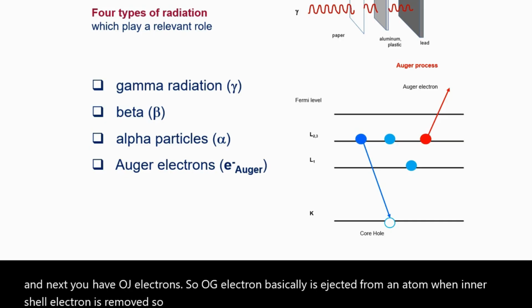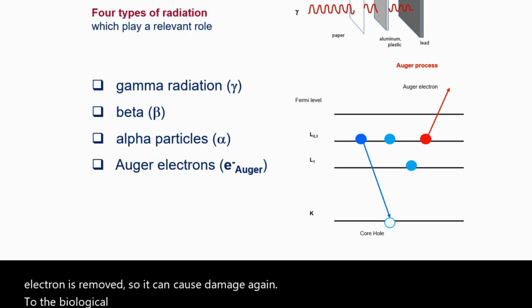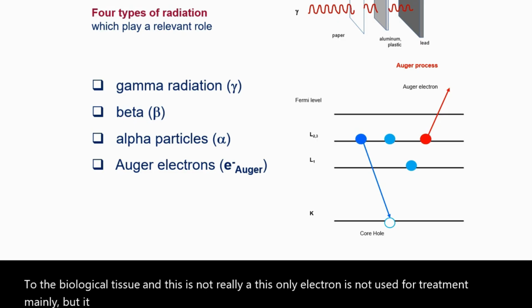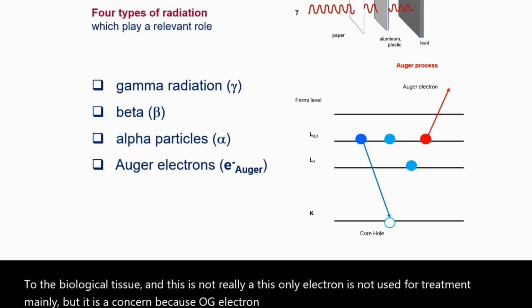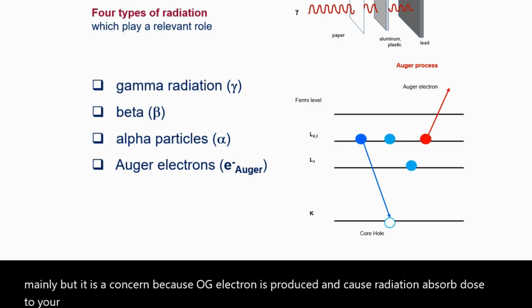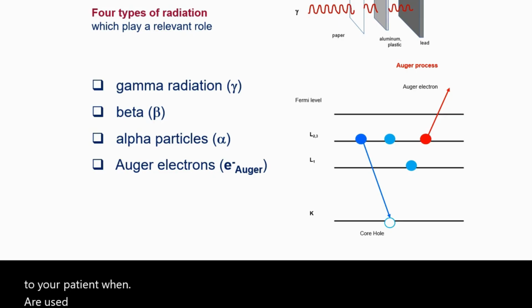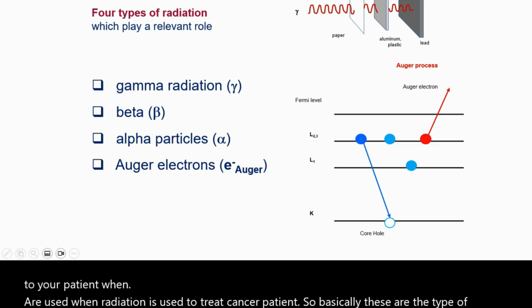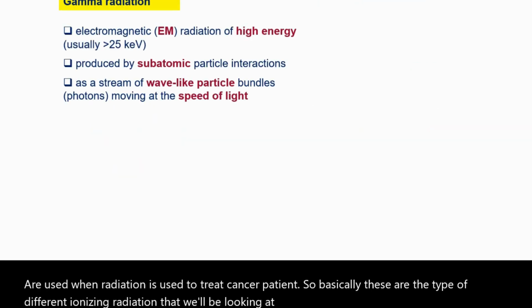It can cause damage again to biological tissue. This Auger electron is not really used for treatment, but it is a concern because it is produced and causes radiation absorbed dose to your patient when radiation is used to treat cancer patients. So basically, these are the different types of ionizing radiation that we'll be looking at in this paper.